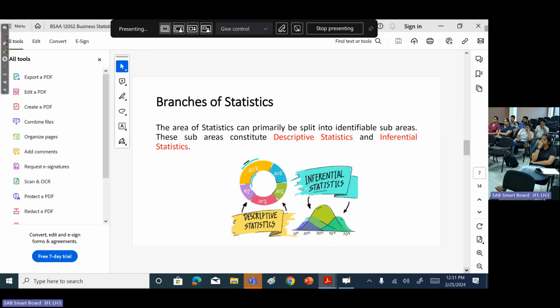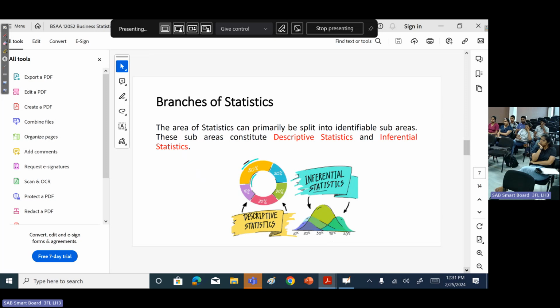Descriptive statistics means we use numerical data and different kinds of analytical tools and techniques to collect, organize, present, and analyze the data. That we call descriptive statistics.